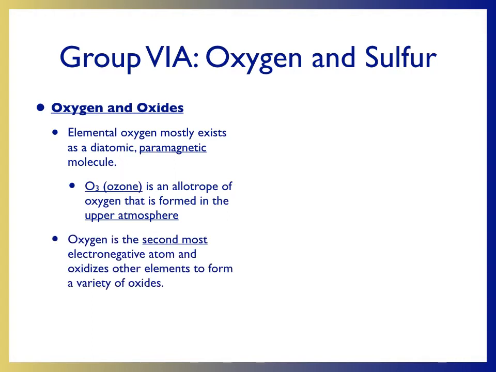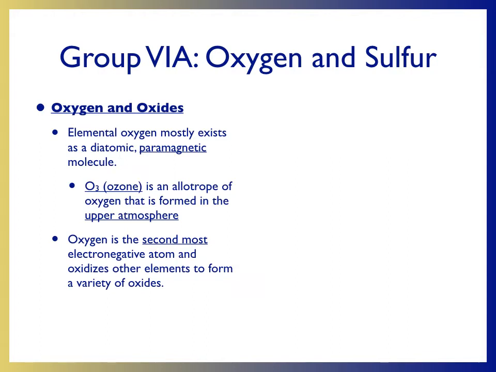Another important thing to observe about oxygen is that it's the second most electronegative element in the periodic table. This affects its reactivity. Most of the time, oxygen reacts with other elements to form oxides, and in those oxides, oxygen has a negative oxidation state exclusively.